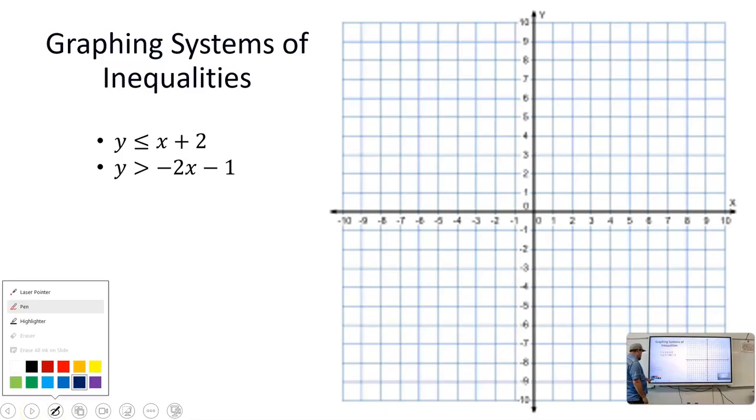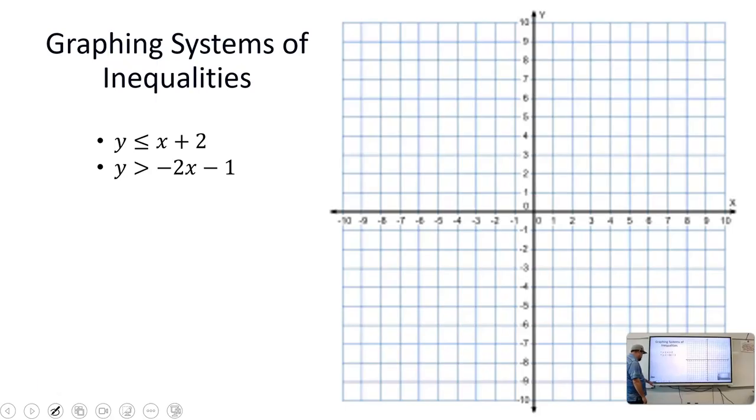So let's do blue for this one. We're going to focus on this one right here. So y is less than or equal to x plus 2. That means we have a y-intercept at 2, and our slope is 1. So up 1, right 1, or down 1, left 1.